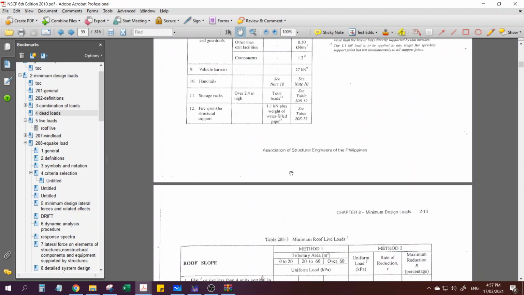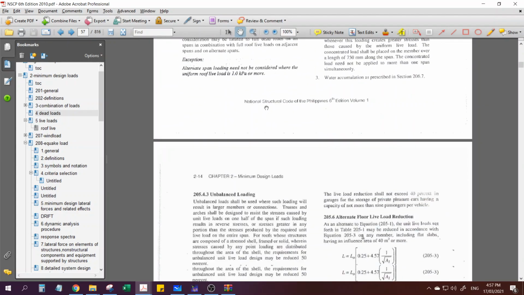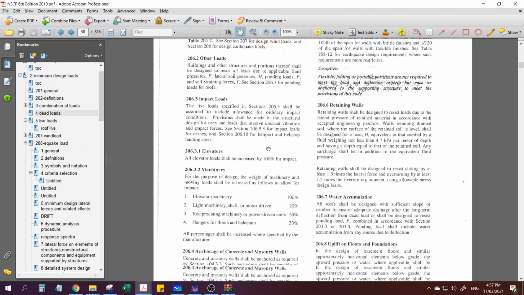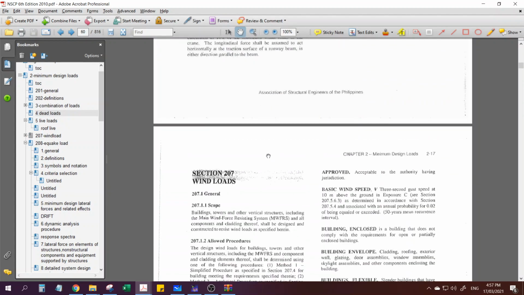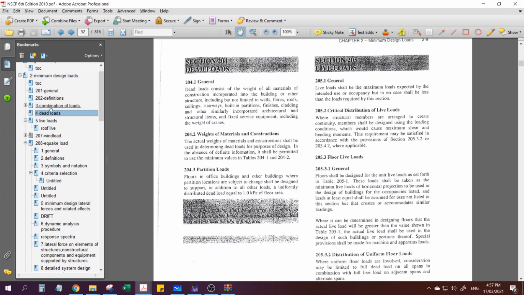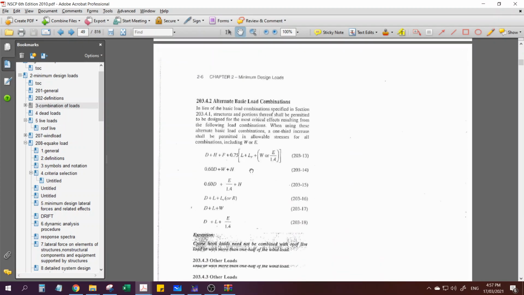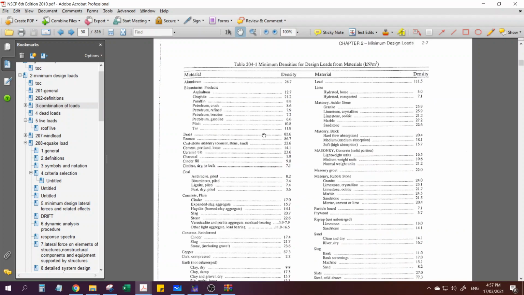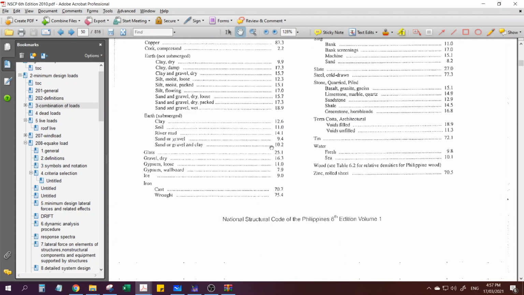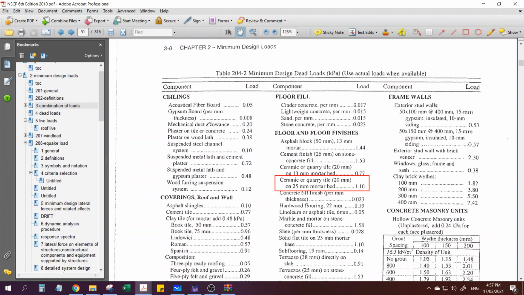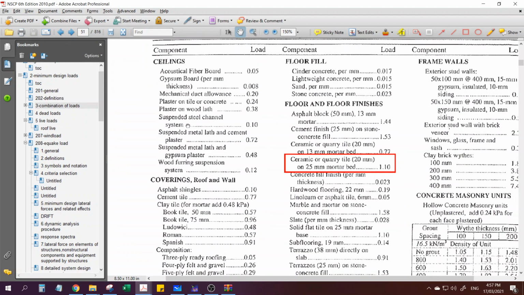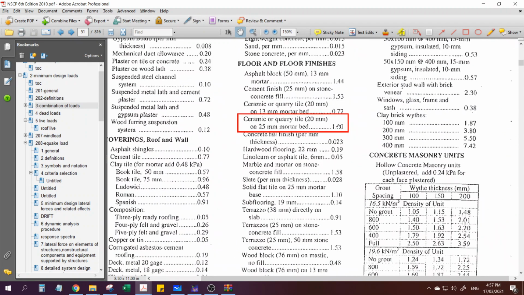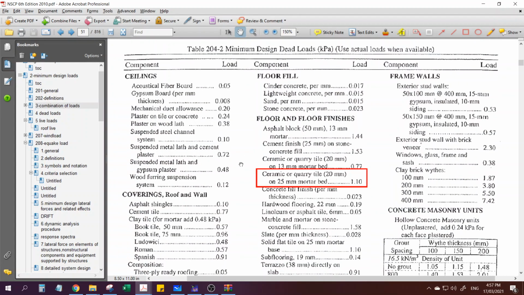Check. So hindi naman kasi to RCD or TOS to design. I am concerned more on sa earthquake force. So dito kayo makakuha ng mga dead load materials or values. So for example, ceilings nandyan. Ayan. Floor finish, ito 1.10 kapag ceramic tiles on a 25 mm mortar bed.